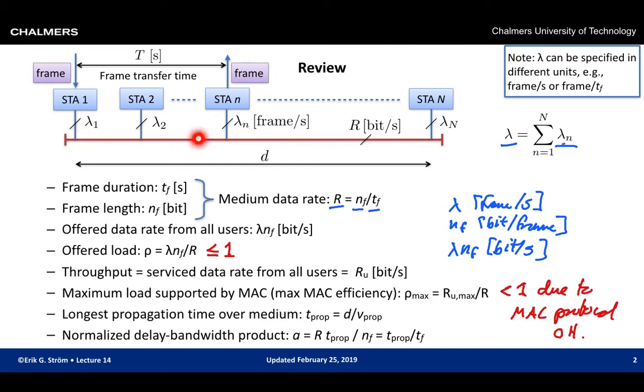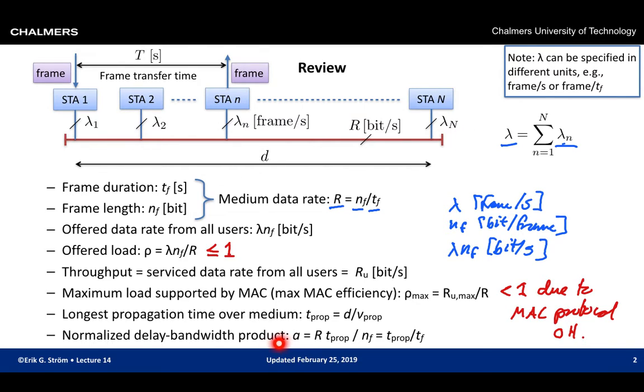And the longer this time is, the harder it is to coordinate all these transmissions. We showed that last time. So the longer the propagation delay is between the furthest away nodes, the harder it is to coordinate their transmissions.